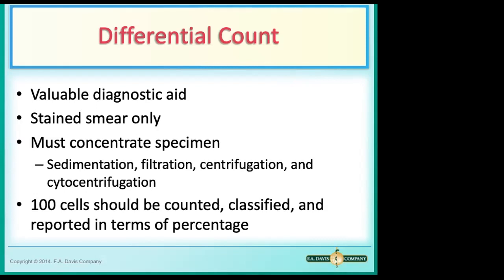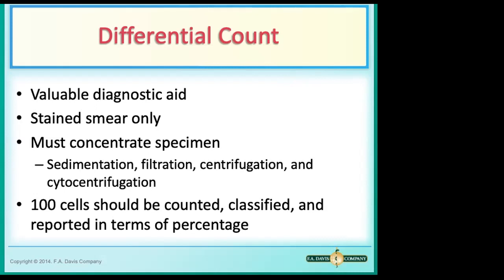Okay, so you have to stain them, put them under the microscope, and then you can do your differential count. So with the diff count, you will count 100 cells, you will classify them, and then you report them in terms of percentage.